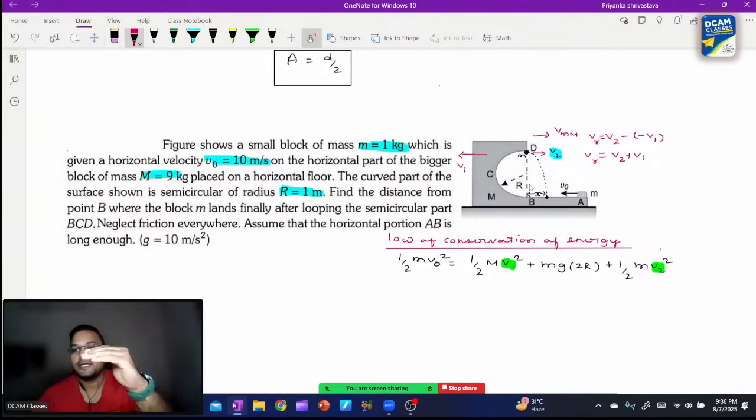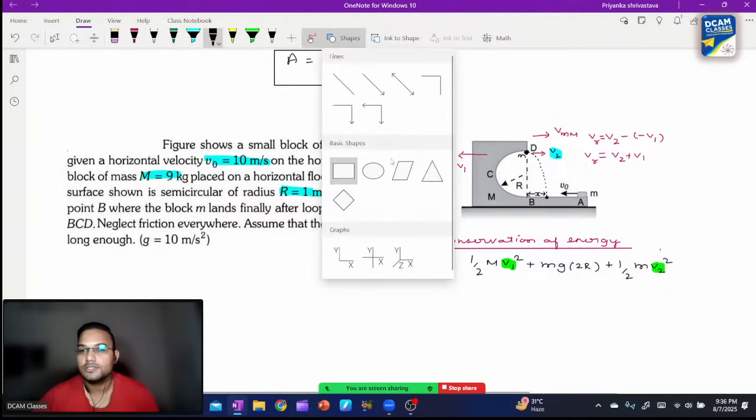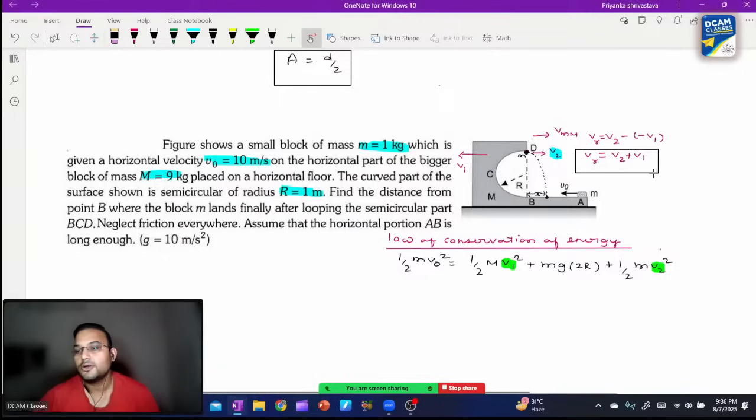You have to find the velocity of small m with respect to capital M. Otherwise, mass m will move somewhere and in that particular time capital M will also move left, and we would have to combine both displacements. So the simple thing is to find the relative velocity. Relative velocity will be v2 plus v1. After using this velocity vr, you will be able to use your horizontal range formula to get the value of x.